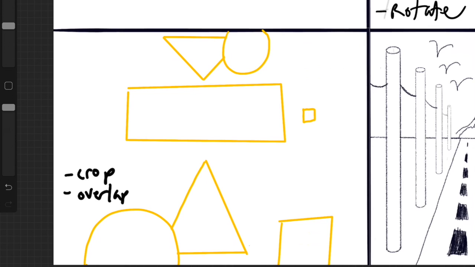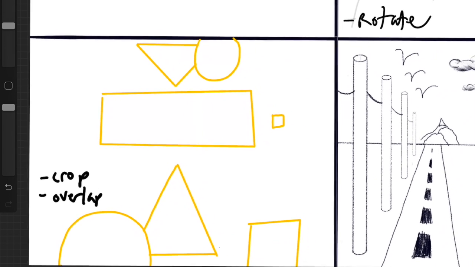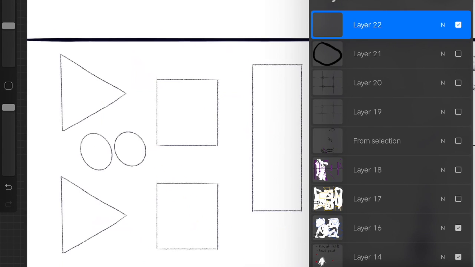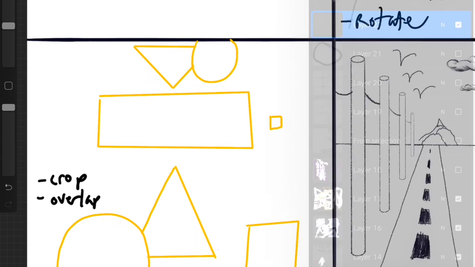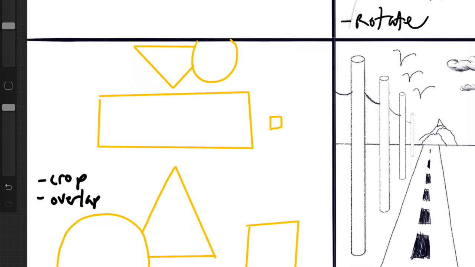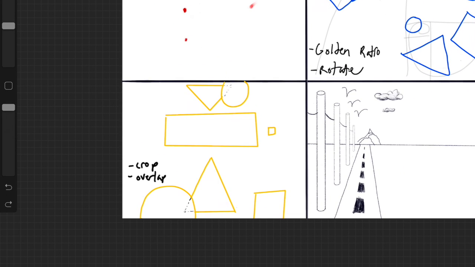And I also made the circles go off the page. So cropping, that's off the page, and overlapping, which is putting shapes on top of each other, because we do know that this is going on. However, we just cannot see it. So it's a more effective way of showing or composing things by putting them on top of each other, which leads us to our last point.